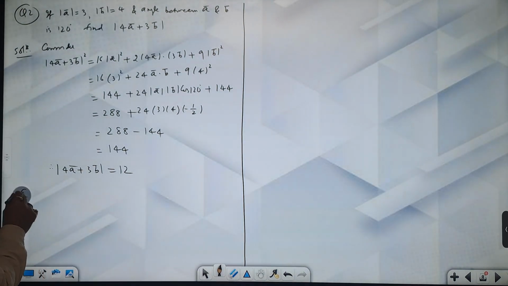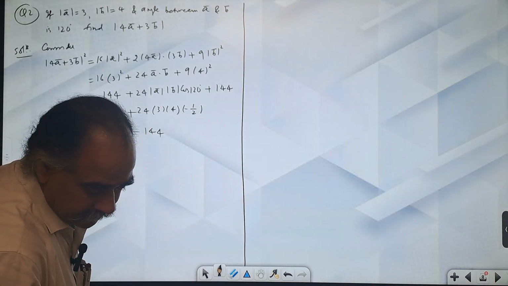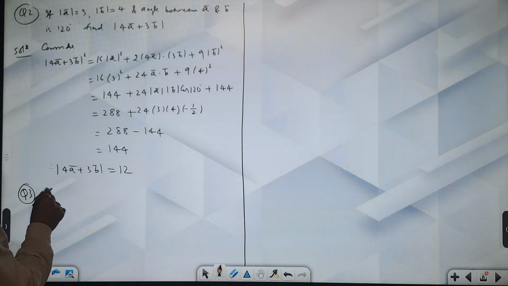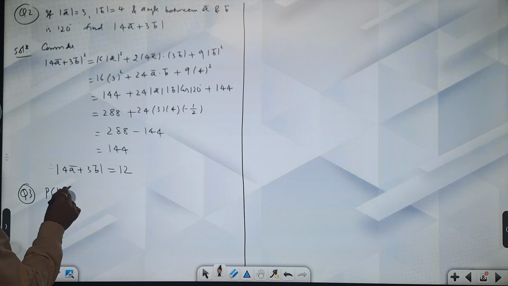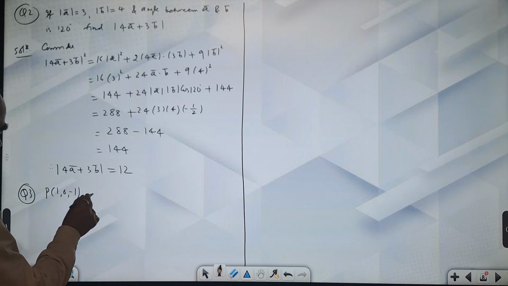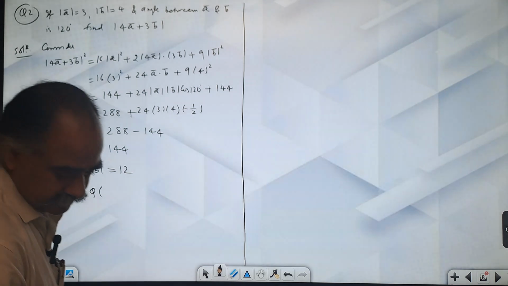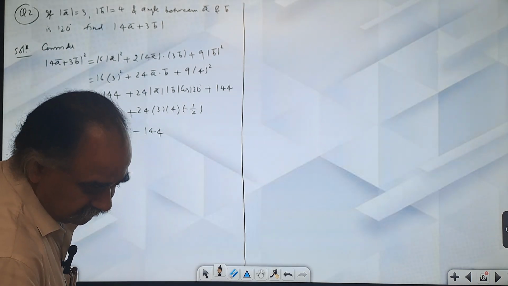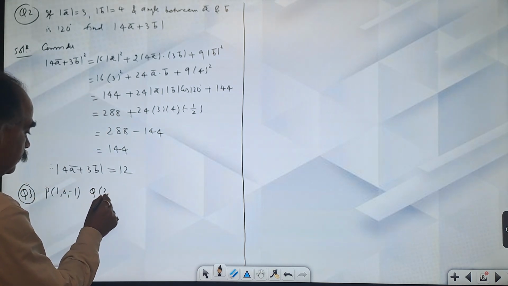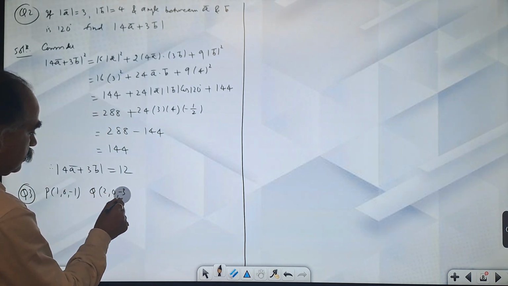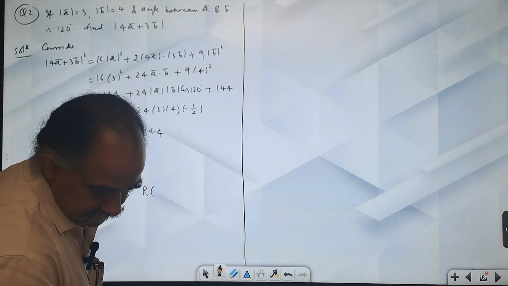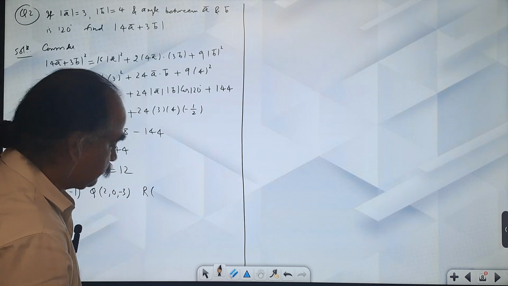The next example is question number 3. P is 1, 0, minus 1. Q is 2, 0, minus 3. R is minus 1, 2, 0.